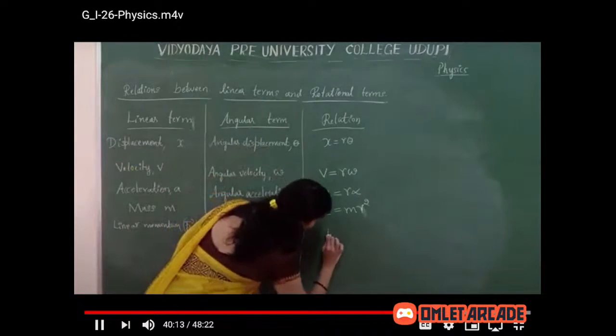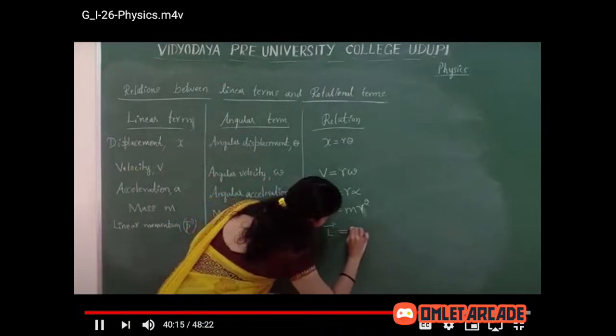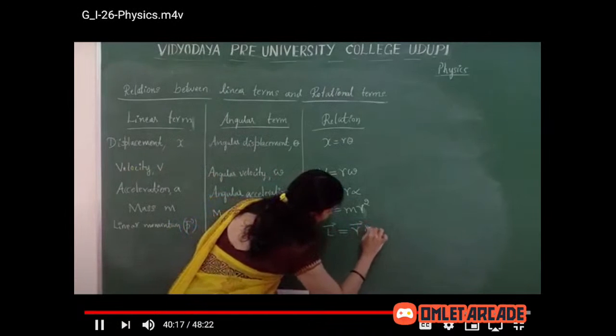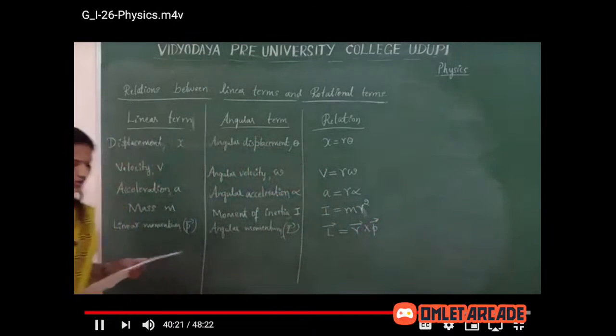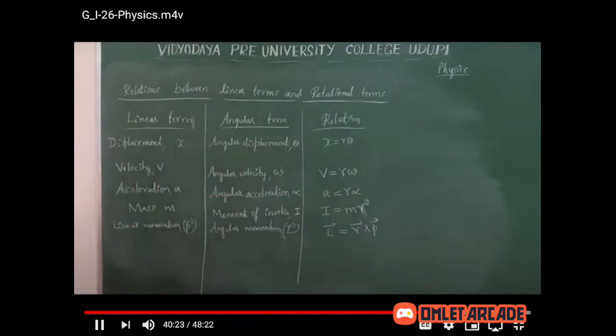Angular momentum is equal to r cross p. The cross product of the position vector and linear momentum gives angular momentum.